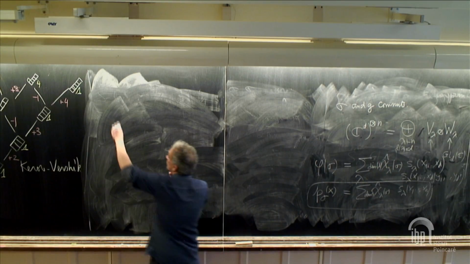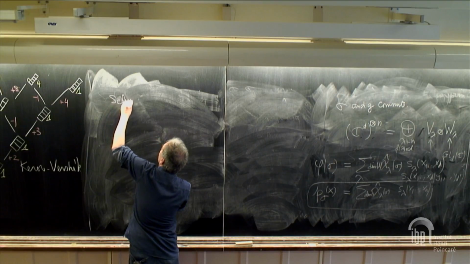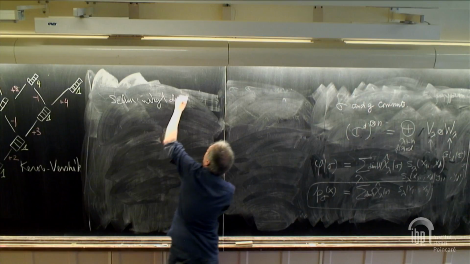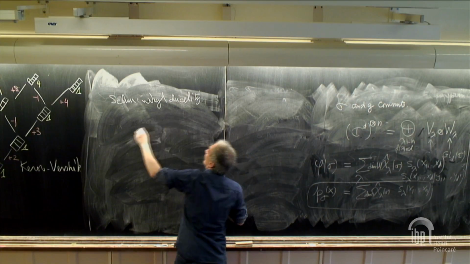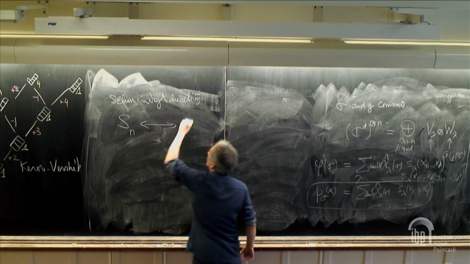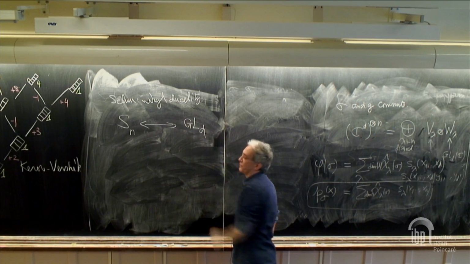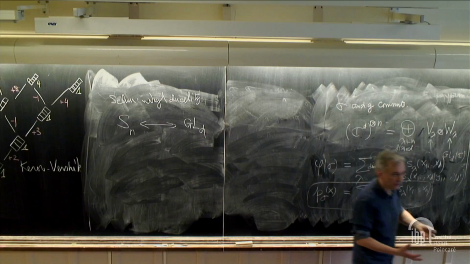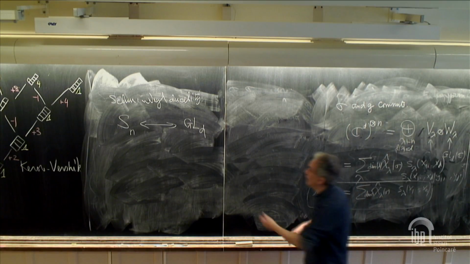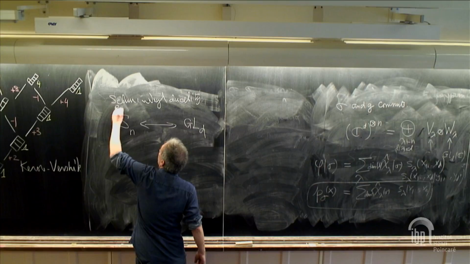What we have seen is that the Schur-Weyl duality allows us to go from representations of Sn to representations of GLD. So there is a connection between representations of Sn and representations of GLD, which goes through the Schur-Weyl duality.